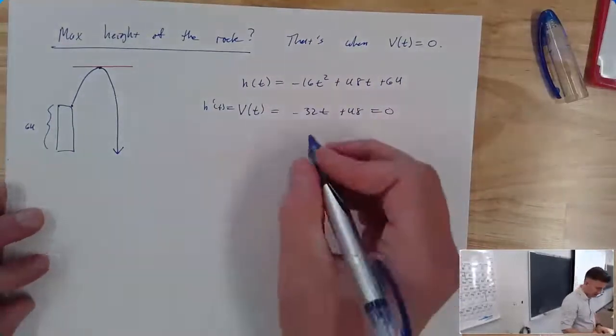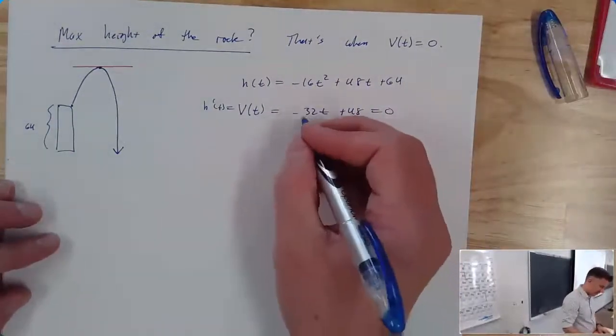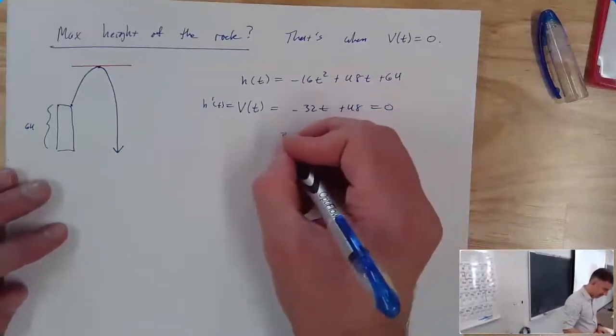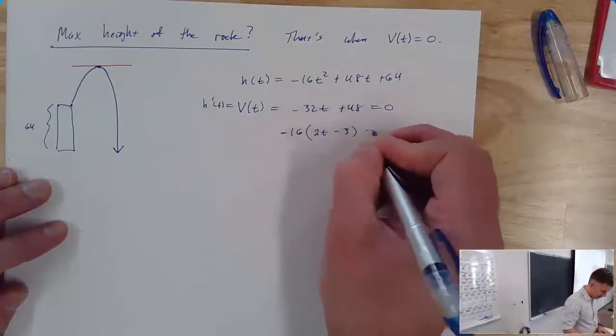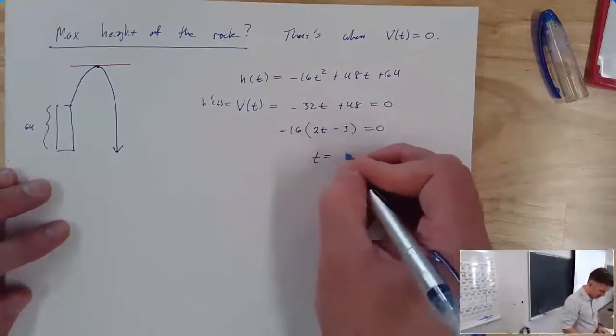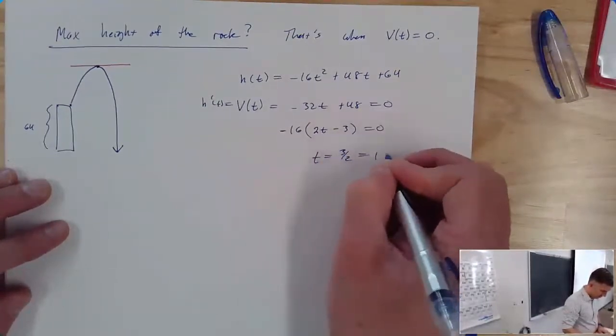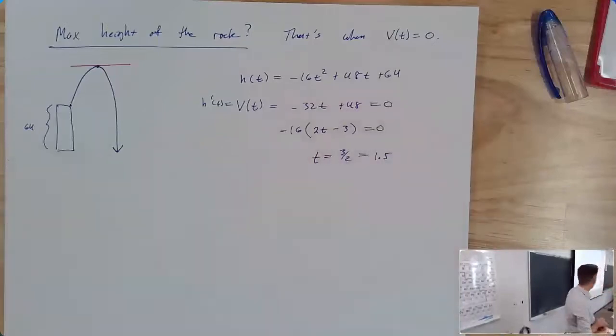Solving this, you can factor out a negative 16. You're left with a 2t minus 3. So you're getting t equal to positive 3/2, or 1.5 if you like. So after 1.5 seconds, the rock hits a maximum height.